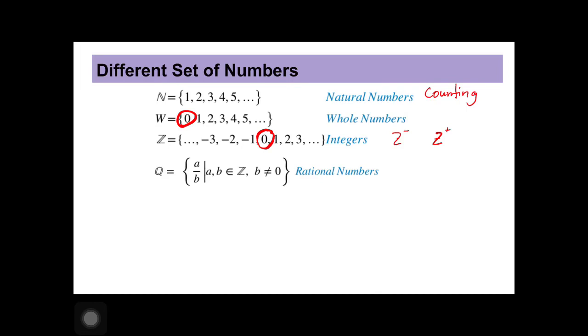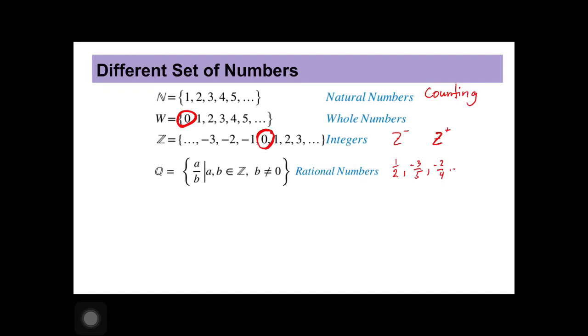Moving on. Q is equal to A over B such that A is an element of Z, meaning integers, and B is not equal to 0. Those are rational numbers. So the examples here are 1/2, -3 over 5, -2 over 4, and so on. So those are rational numbers.